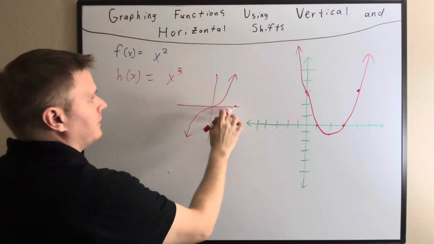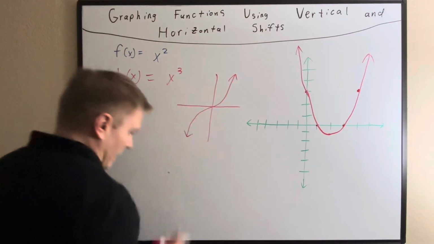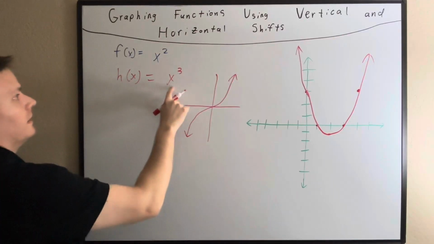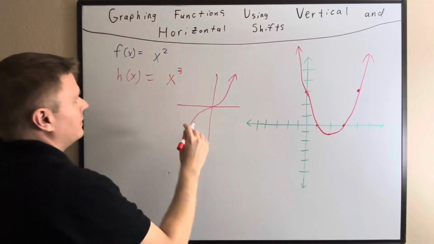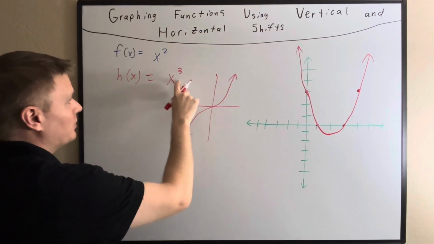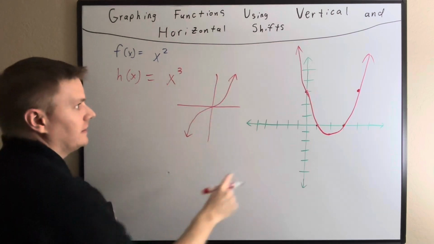Because the further you get positive, the faster it goes up. And the more you get negative, it does the same thing, because when you multiply a negative by itself 3 times, you keep the negative, so it goes down instead of up, right?